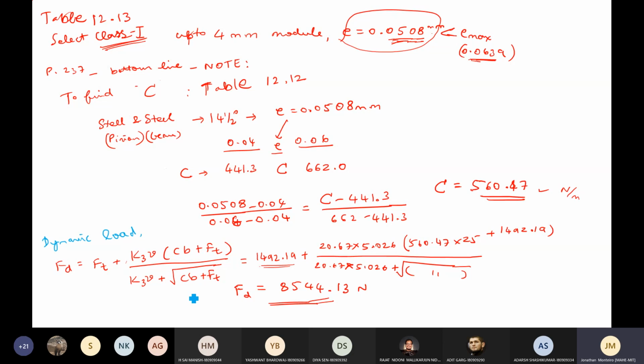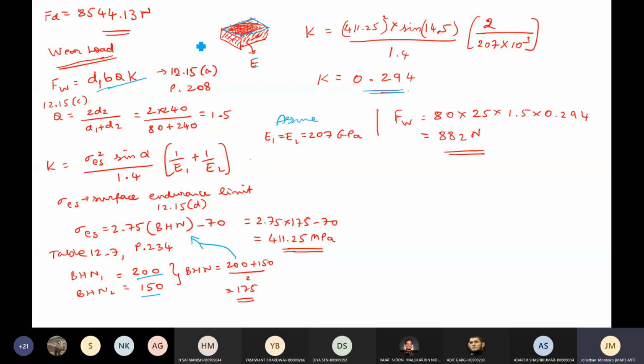The tooth will have more load by virtue of its rotation: the tangential load in static condition plus allowances, the dynamic factor that we added by interpolation. We got FD to be 8544.13 newtons. That value was also written over here, 8544.13. FW is a wear load of 882.